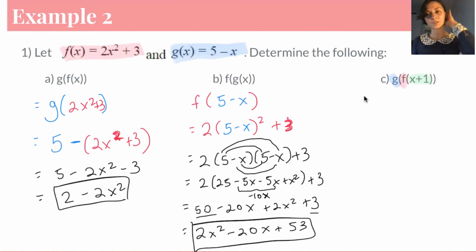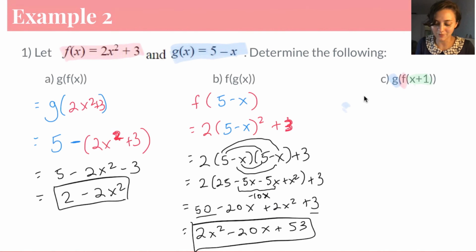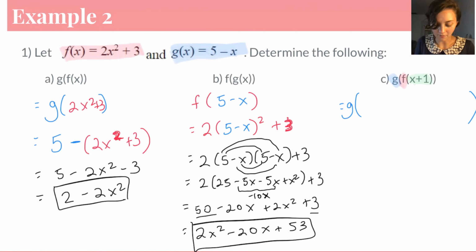Whoa! So I'm just going to show you the setup for this one, and not all the algebraic simplification like we did in the last part. So we are going to start, oopsies, we're going to start on the inside first. So I'll just leave this outer function g as it is, and I'll put this long parentheses so we can write everything that's inside of there. So inside of g I have f.